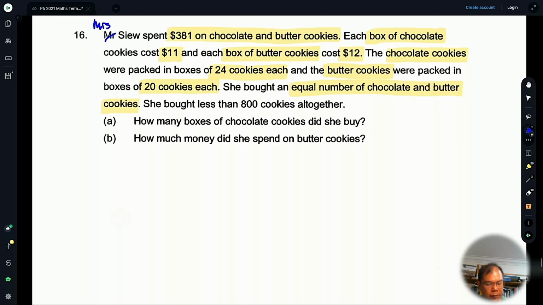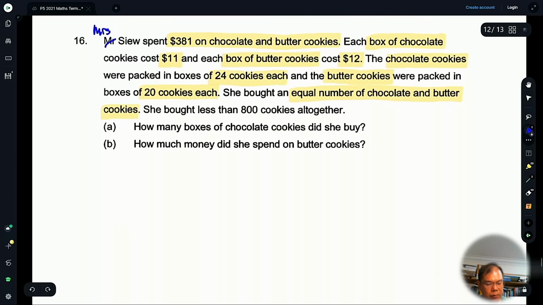So in this case, first question, how many boxes of chocolate cookies did she buy? Now in this case, she bought an equal number of chocolate and butter cookies. The problem is the chocolate cookies come in boxes of 24, while the butter cookies come in boxes of 20.